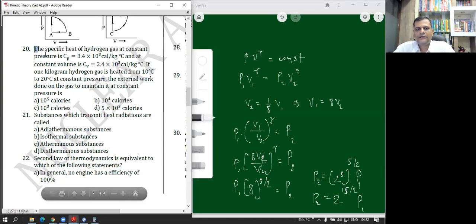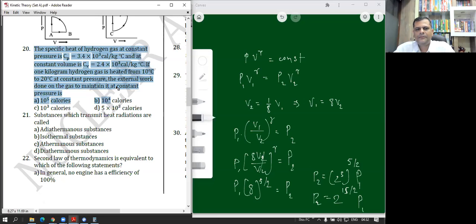ये करो 20 वाला. The specific heat of a hydrogen gas at constant pressure is Cp, which is equal to 3.4 into 10 raised to 3 calorie per kilogram per Kelvin degree Celsius. And at constant volume, it is 2.4 into 10 raised to 3 calorie per kilogram Kelvin or degree Celsius.